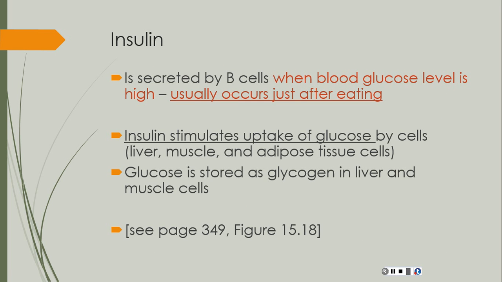So insulin actually stimulates the uptake of glucose by cells in different areas of the body. So they take up glucose in the liver, in the muscle, and the adipose tissues, the fat tissue cells. And glucose is stored as glycogen in the liver and the muscle cells.